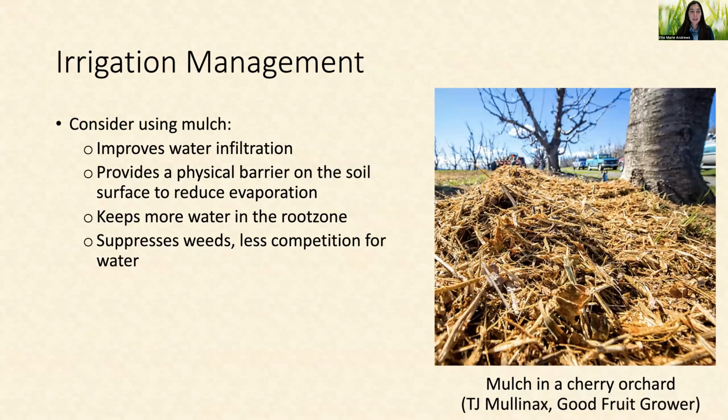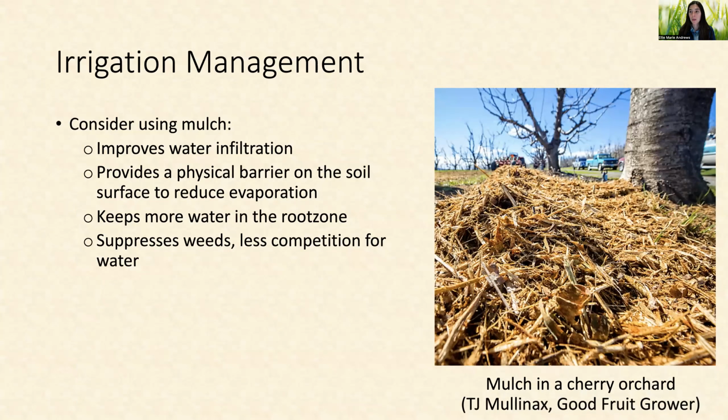So I'd highly encourage everyone to consider using mulch, if you're not already. Mulch is great. It improves water infiltration. It's basically this physical barrier on the soil surface, and it helps slow down the movement of water a little bit, which helps with infiltration into the soil beneath it. It also, as a barrier, reduces evaporation from the soil surface.